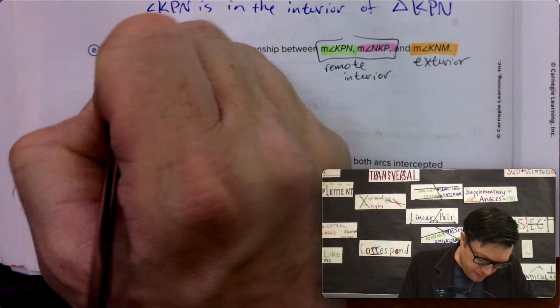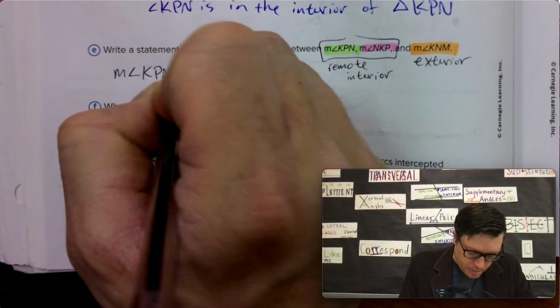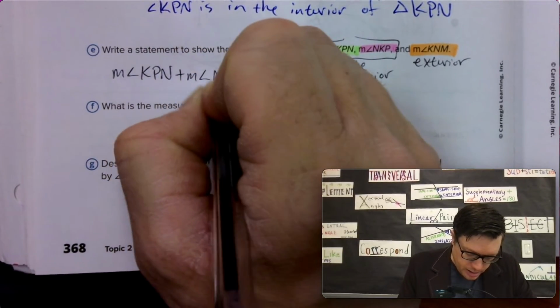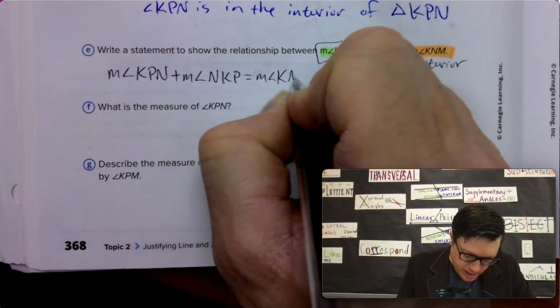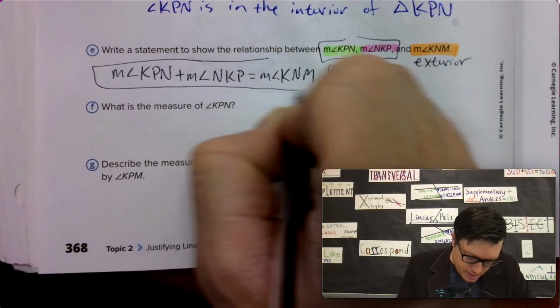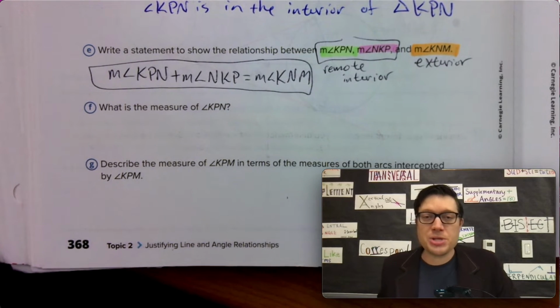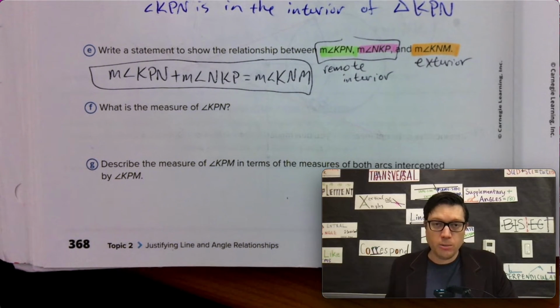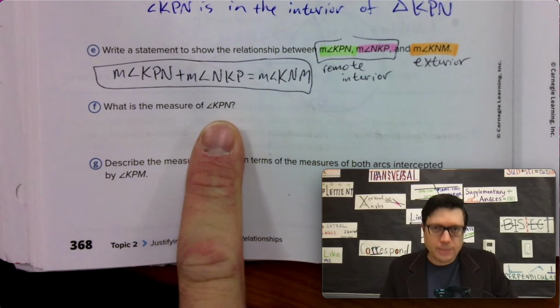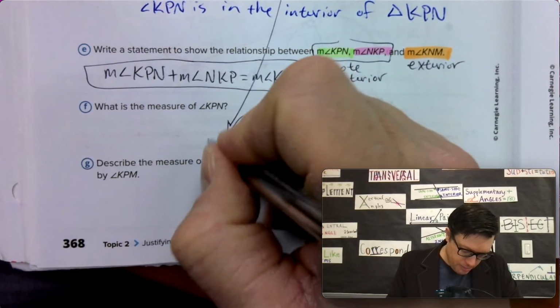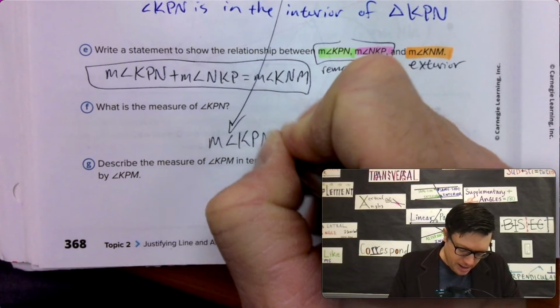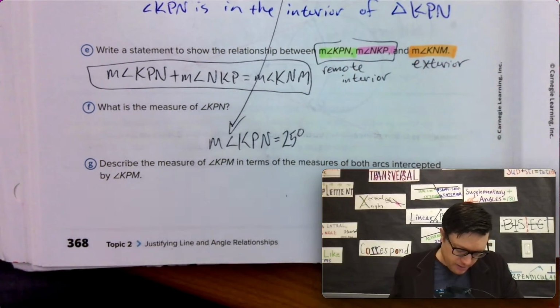The measure of angle KPN plus the measure of angle NKP equals the measure of angle KNM. This is the exterior angle theorem for a triangle. Therefore, what's the measure of angle KPN? 25. I already found it. Bring that one down. The measure of angle KPN equals 25 degrees.